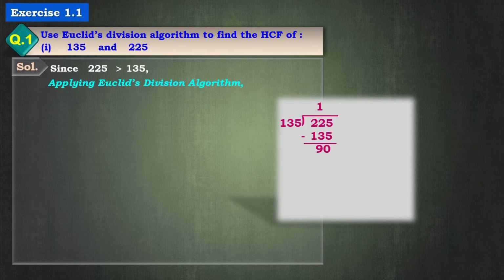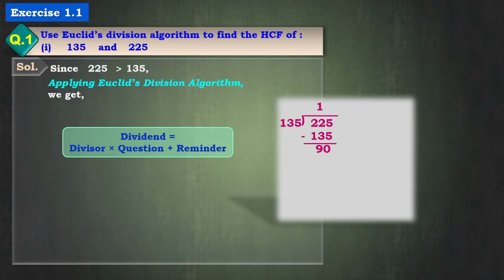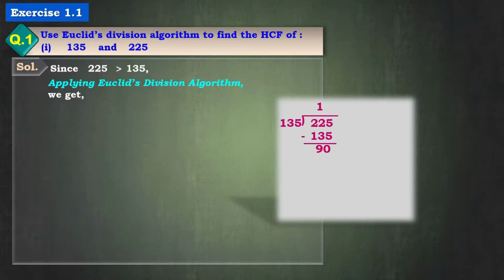Now if we apply Euclid's division algorithm, we get dividend equals divisor into quotient plus remainder. So 225 equals 135, that is the divisor, into 1 plus 90.